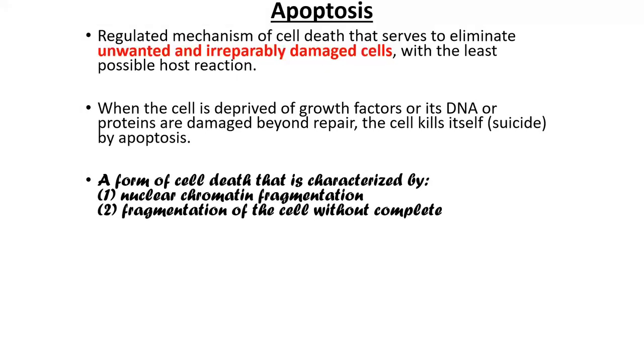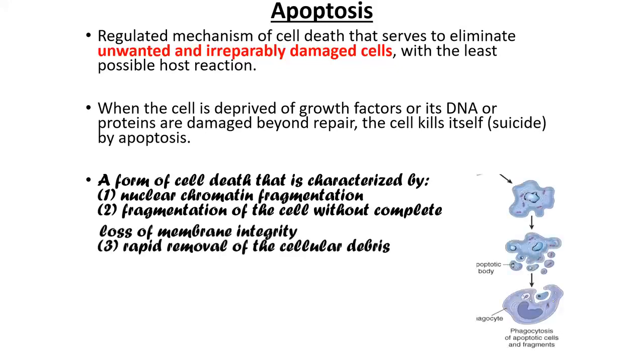This apoptosis, which is a form of cell death, is characterized by nuclear chromatin fragmentation and fragmentation of the nucleus, fragmentation of the cell into parts like that, but with what? With complete membrane. So we don't have loss of the membrane integrity.